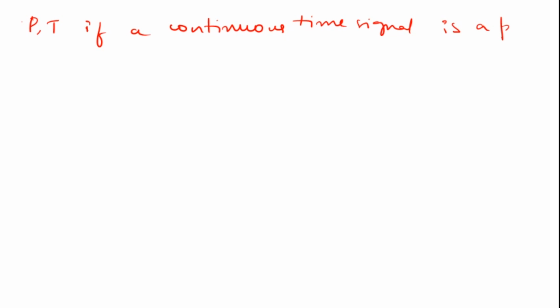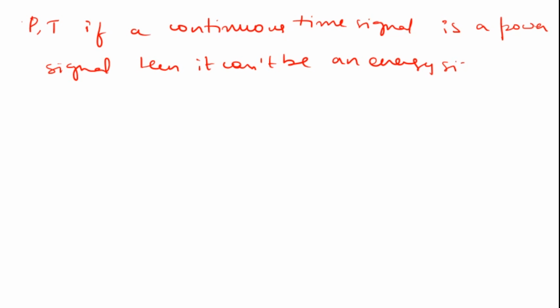Prove that if a continuous time signal is a power signal, then it cannot be an energy signal, and vice versa.